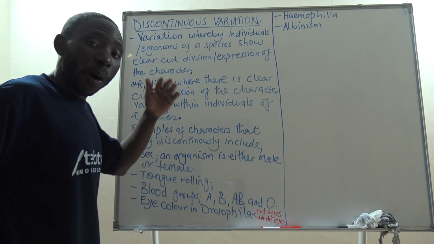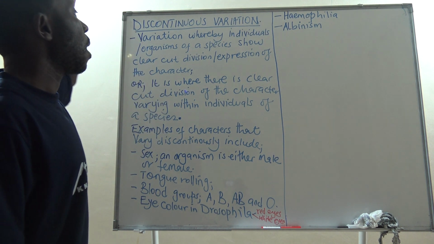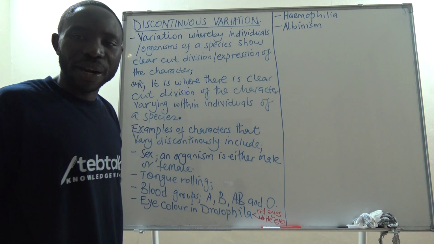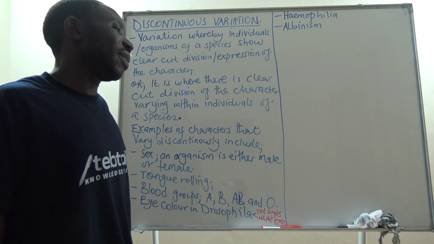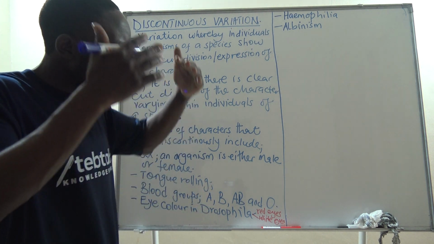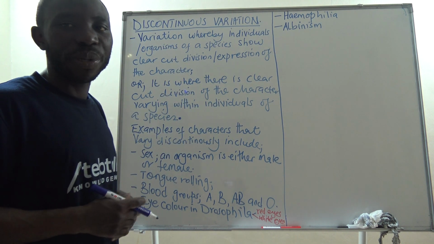Now, for characters that vary discontinuously, when you plot the number of individuals against the character, a normal distribution curve is not obtained as in continuous variation.